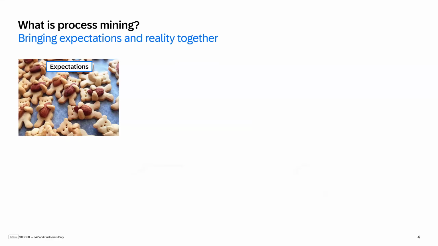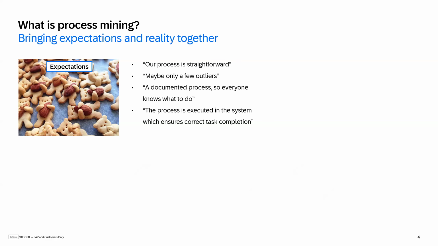So what occurs when you're looking at the data and you begin to get into process mining is that you realize that your expectations don't always align with reality, because your expectations might be that your process is just fine. Okay, it runs in a straight line, maybe only a few outliers. It's documented, so everyone knows what to do and they're acting accordingly.